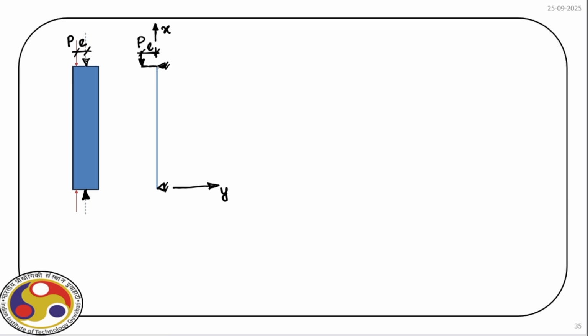Now this column is going to bend like this, and obviously the moment it bends, the load line also bends, and we have the new location where the load shifts. And as usual, let us consider a section at a distance x from the origin.